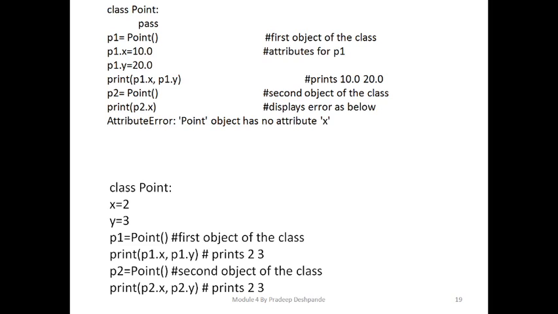Okay, that is the only difference between class attributes and instance attributes. Instance attributes of one object are not available to other objects of the same class in Python.